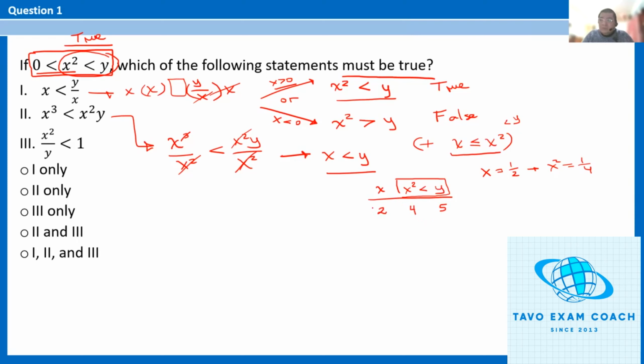So in this case, we can verify that x less than y is true because 2 is less than 5.